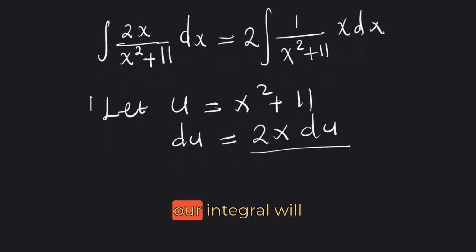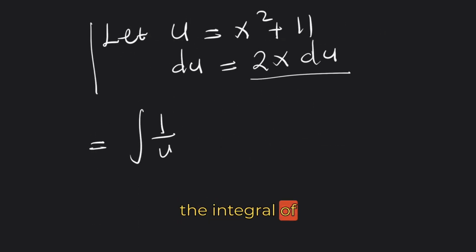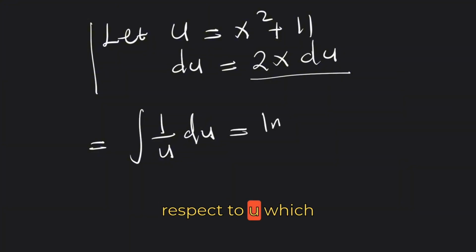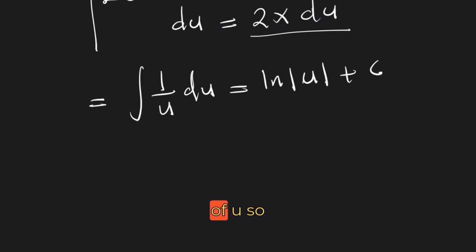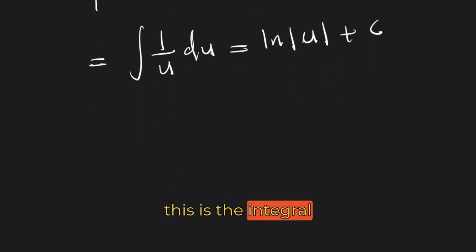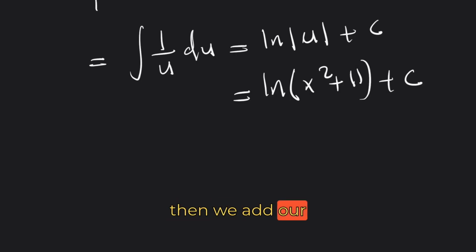So our integral will just become the integral of 1 over u with respect to u, which is just the natural log of the absolute value of u plus c. But we know the value of u, so we substitute: the value of u is x squared plus 11. Then we add our c.